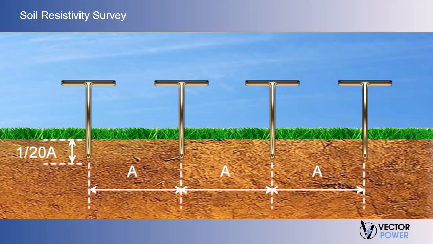To use the simplified soil resistivity formula of rho equals 2 pi A R, the depth of our electrodes should be no more than 1/20th the spacing of the electrodes. Therefore, since the spacing is to be 10 feet, 1/20th would be a depth of 0.5 feet or 6 inches.